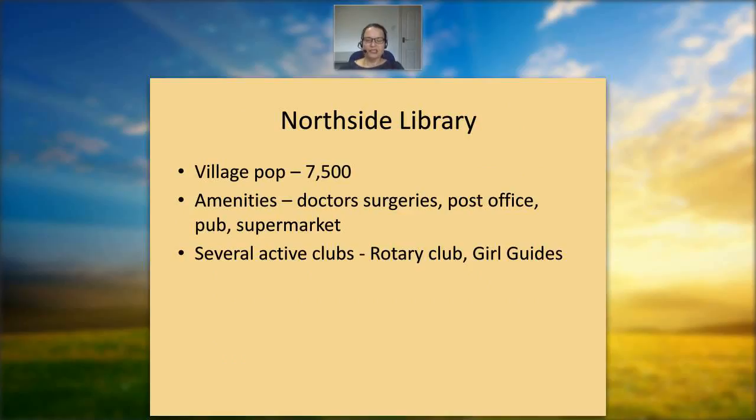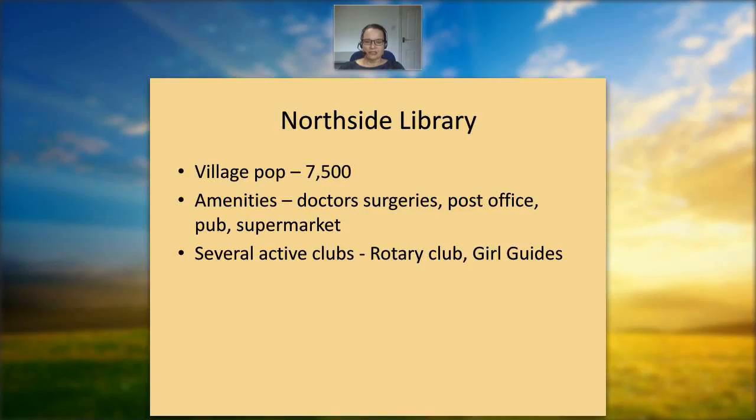Northside is an invented, fictitious place. It's not the library that I'm involved with. It has a population of 7,500, which I should change to town, because that's actually quite a large village. If we were talking about Leicestershire, we would be looking at the Broughton Astley side of things.